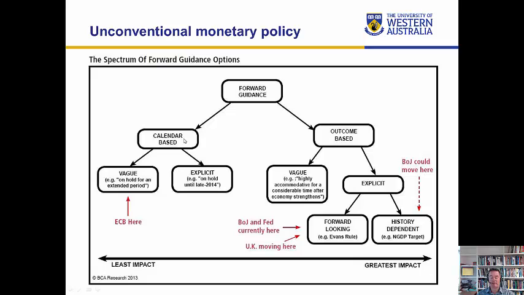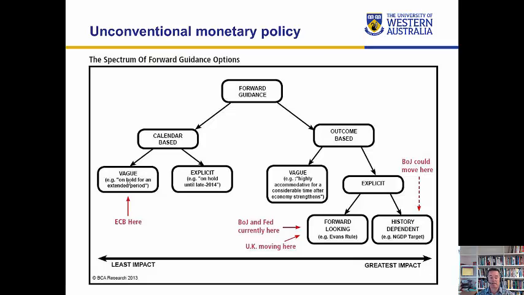Calendar-based is, for example, the central bank coming out and saying we're going to keep interest rates at these record low, say 1% levels, until the end of, say, 2018. Under calendar-based it can be quite explicit, like interest rates will be on hold until the end of 2018, or it can be quite vague, such as interest rates will be at these record low levels for some extended period.